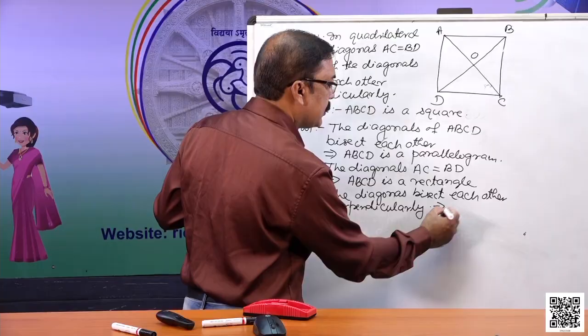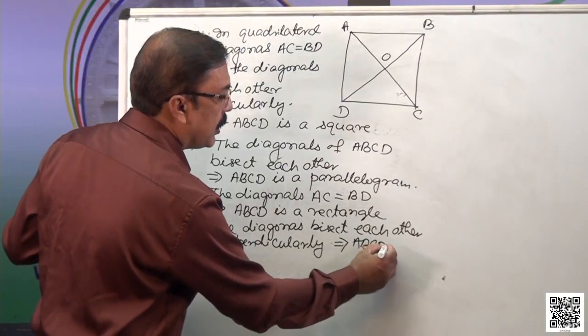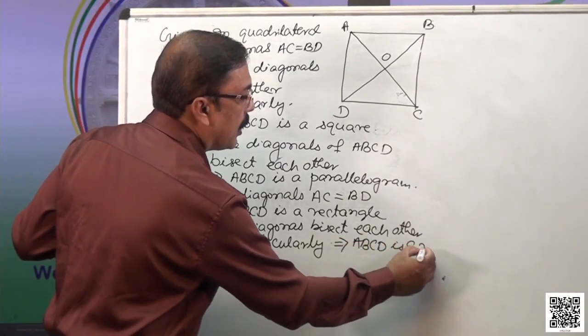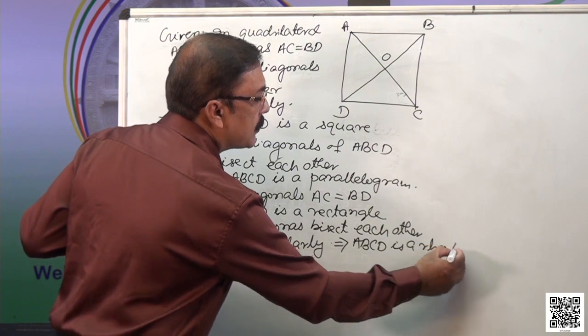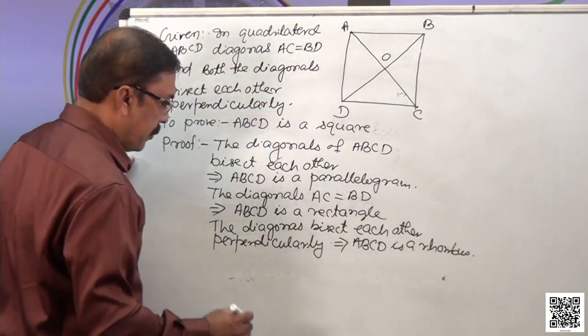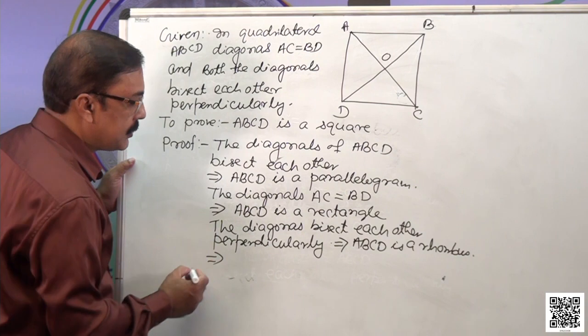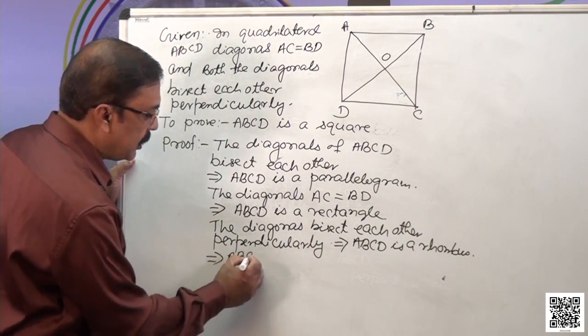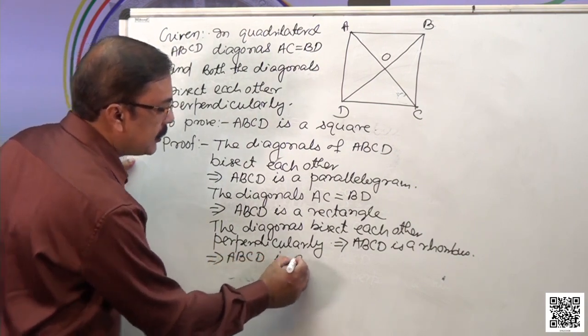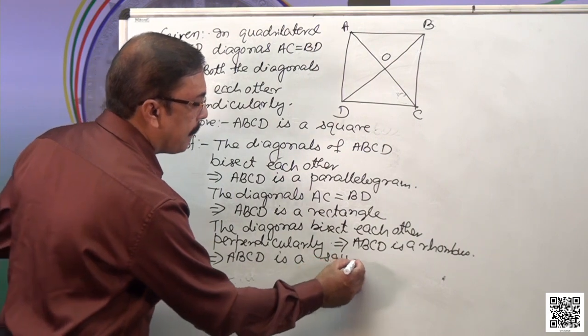This implies ABCD is a rhombus. Thus, ABCD is a square.